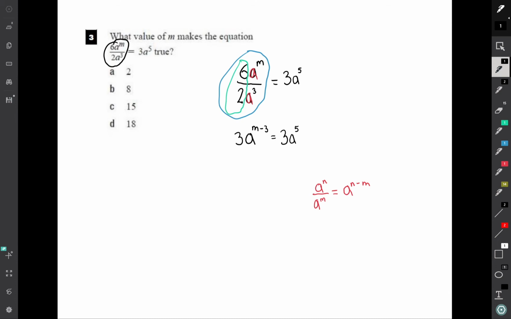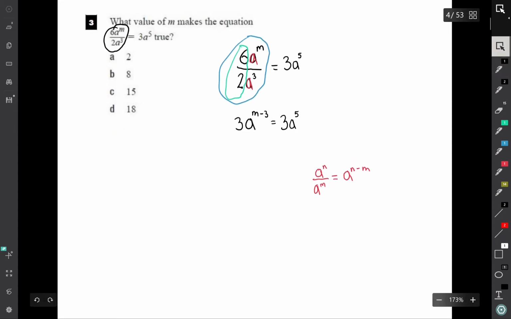All right, so we're just going to continue to simplify. Again, I'll divide both sides by 3. That just cancels out my 3s, and I'm left with a exponent m minus 3 is equal to a exponent 5. Well, that's good.